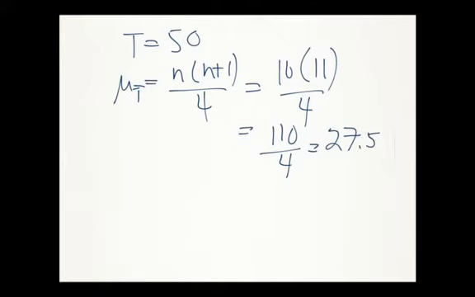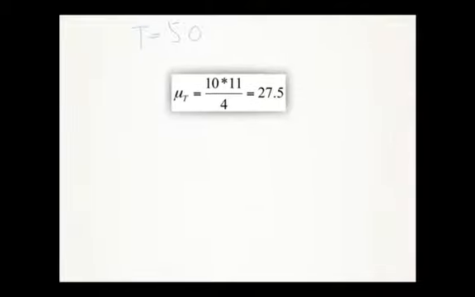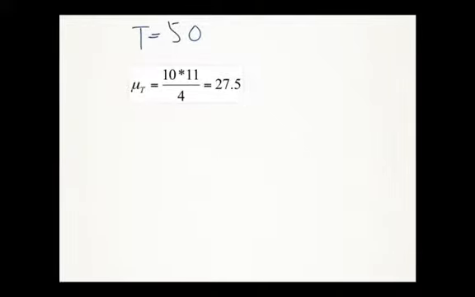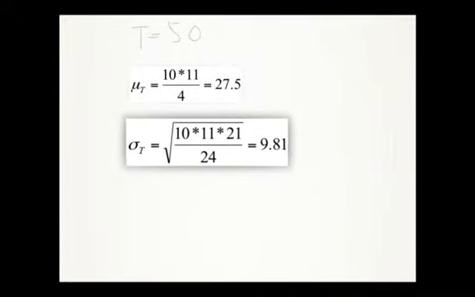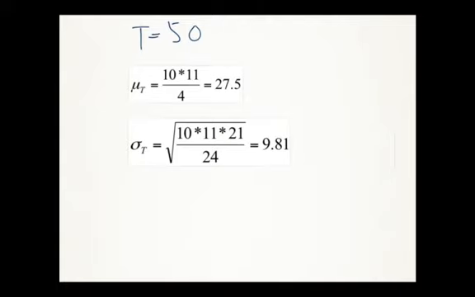So let me clear that out and say t is equal to 50, and then mu sub t is 27.5. The standard deviation in this particular example would be 9.81.